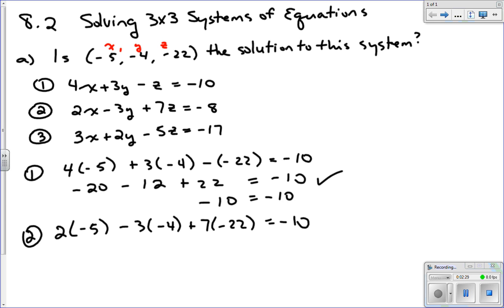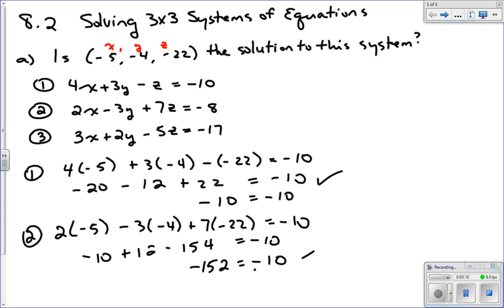So on the left I've got -10 plus 12, and 7 times -22 is -154, so we can see pretty quickly that that's going to give us -152. Whatever it comes to, it's not equal.